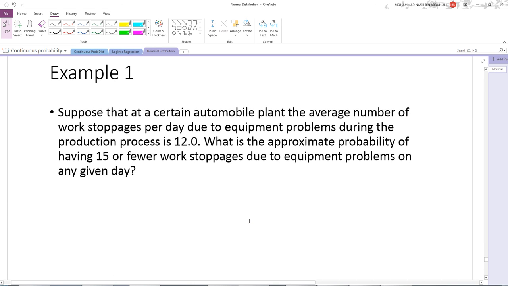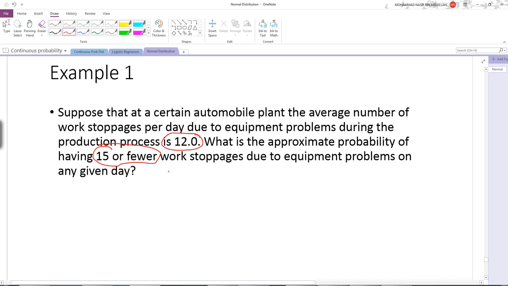Now let's look at example number 1. Suppose that in a certain automobile plant, the average number of work stoppages per day due to equipment problems during the production process is 12.0. What is the approximate probability of having 15 or fewer work stoppages due to equipment problems on any given day?